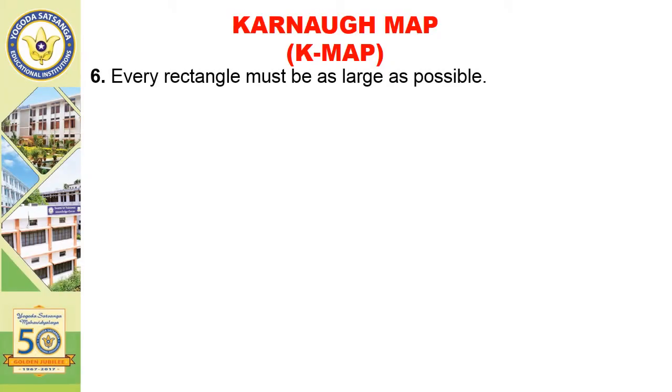We first choose the largest group. Means if we group 8 cells, we do not group 4 or 2 cells.